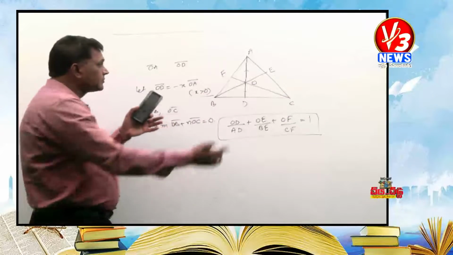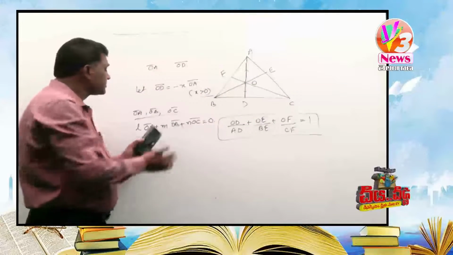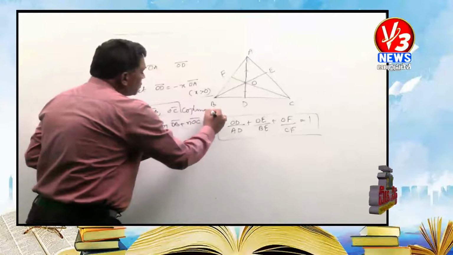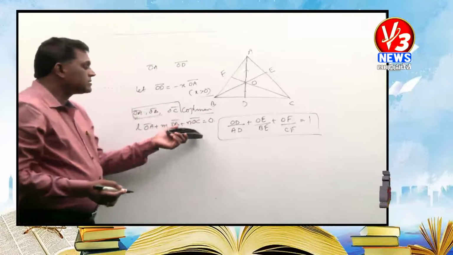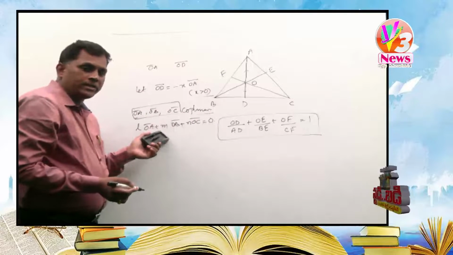I am using the coplanarity condition here. Because these 3 vectors are coplanar, there exist some scalars satisfying this linear dependence condition.